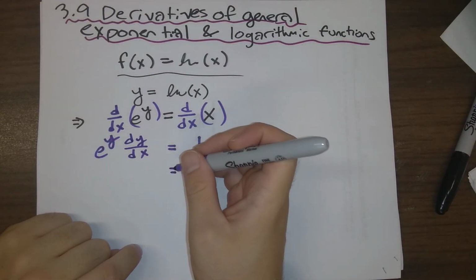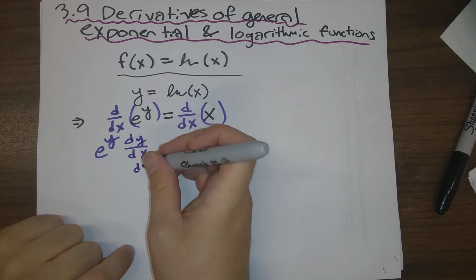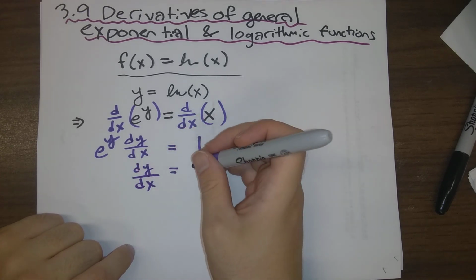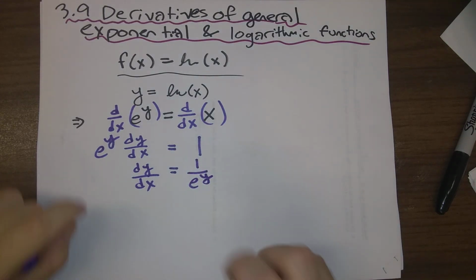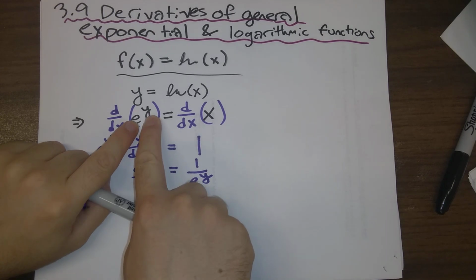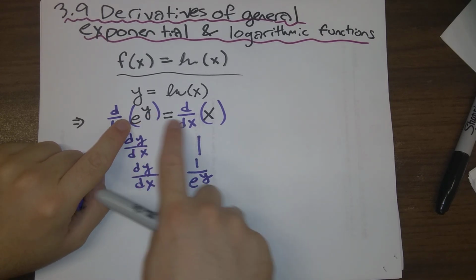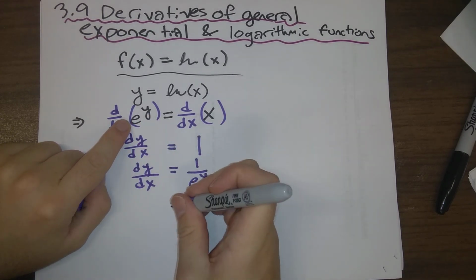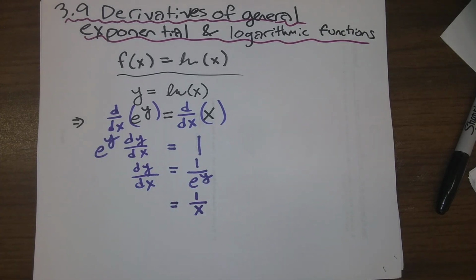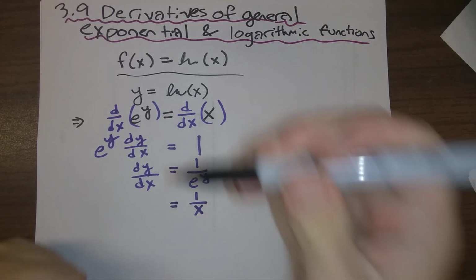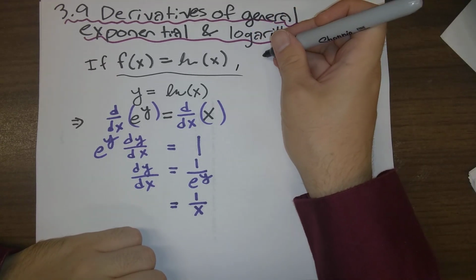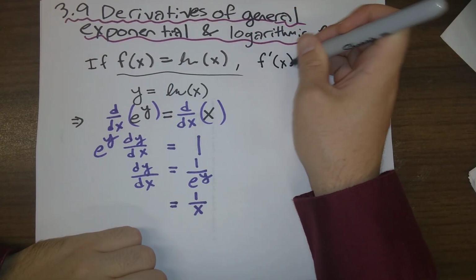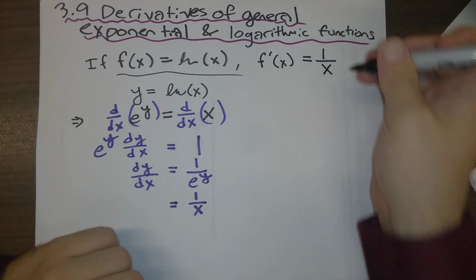Rearranging this, we end up with dy dx equals 1 over e to the y. But revisiting our original expression, e to the y is equal to x. So what is our answer here? dy dx is 1 over x. So if f of x is equal to natural log of x, f prime of x is 1 over x.